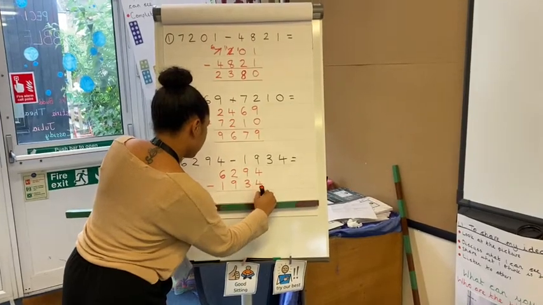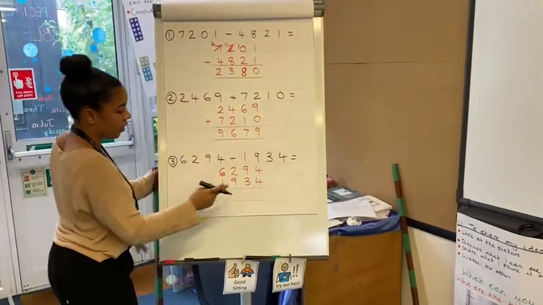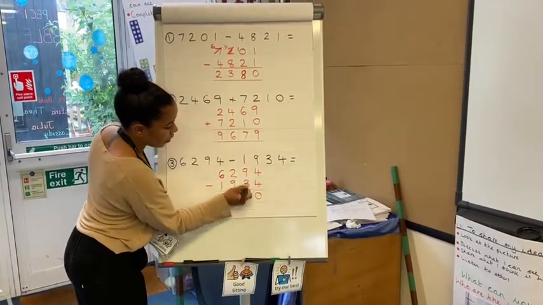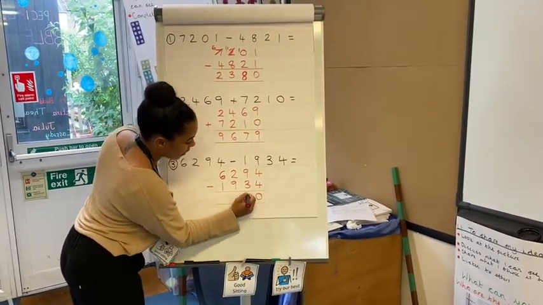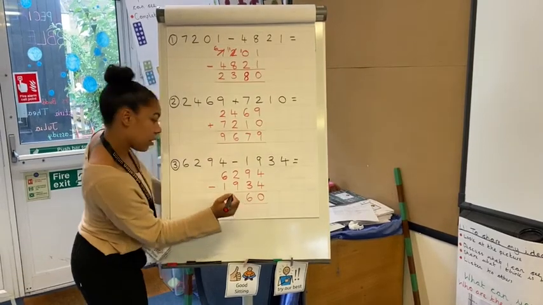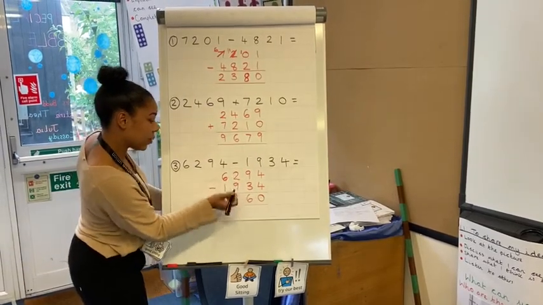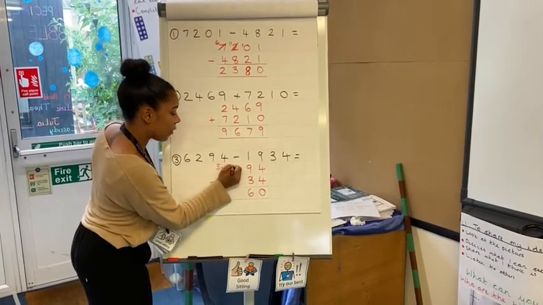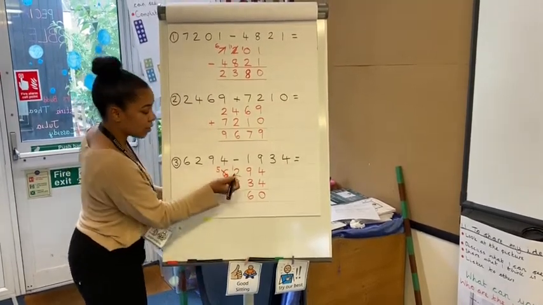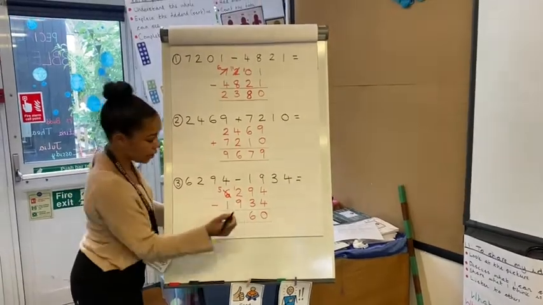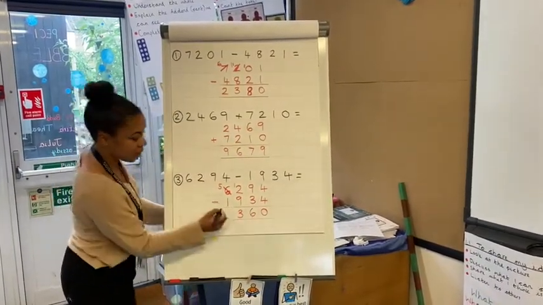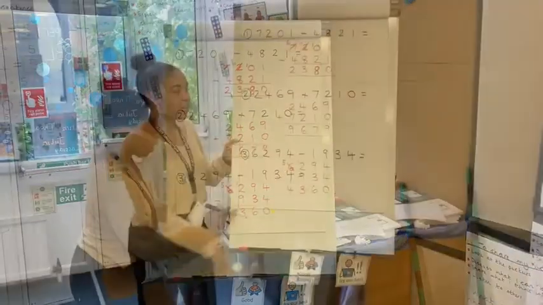Okay, 4 minus 4 is 0. 9 minus 3 is 6. 2 minus 9 we can't do, so I'm just going to do some exchanging again. That becomes 5. I carry over a 1, which means that's 12 minus 9, which is 3. And then 5 minus 1 is 4. So here are the answers.